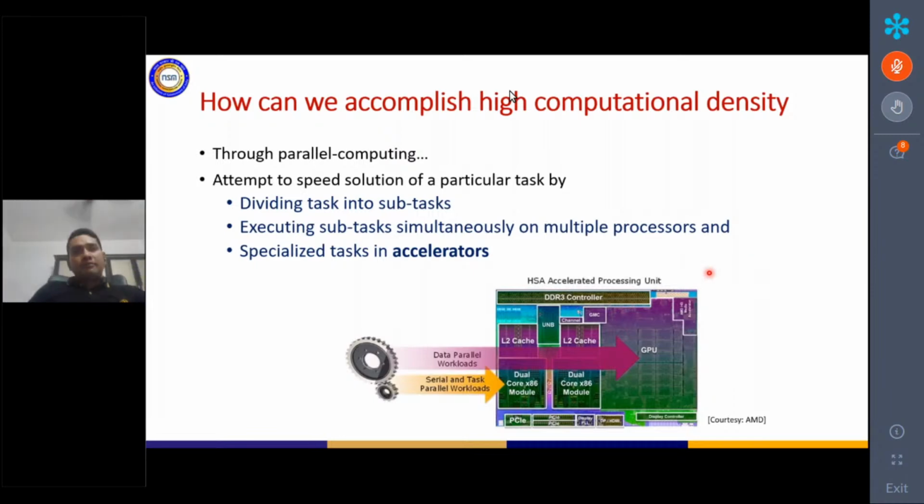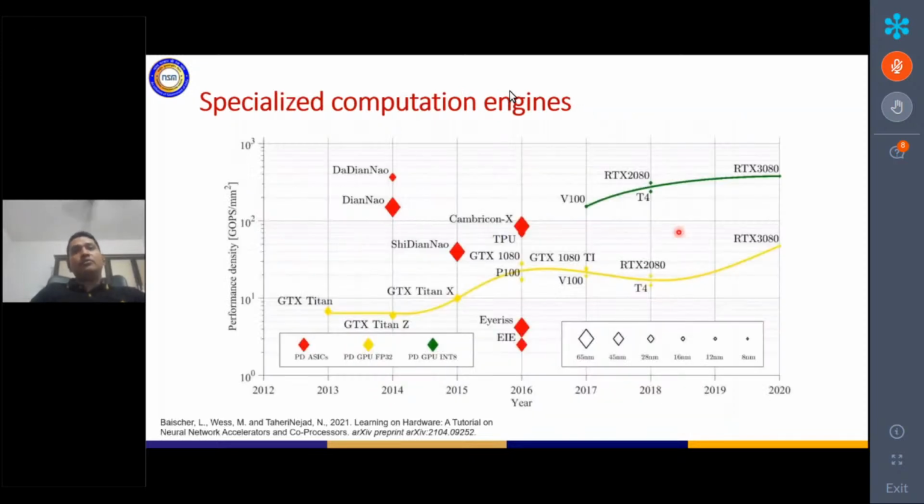So now, what kind of accelerators are available nowadays? We talk about specialized computation engines for AI benchmarks, right? And over the years, this graph shows the trends from 2012 to 2020, and you can see different computation engines.